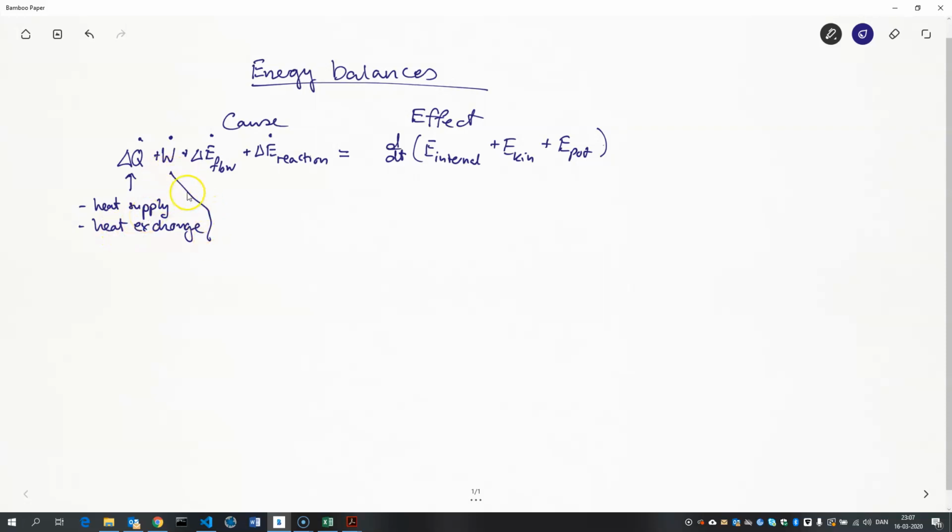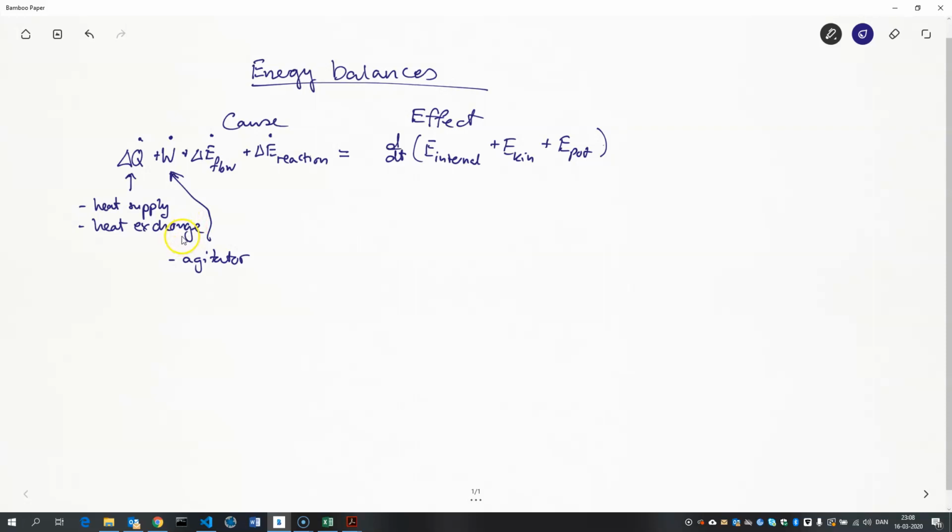If we look at the work contribution here, that could be like an agitator that rotates in the liquid in the reactor, and that actually means that it supplies energy to the system. It's not really a considerable amount, unless the fluid is very viscous.